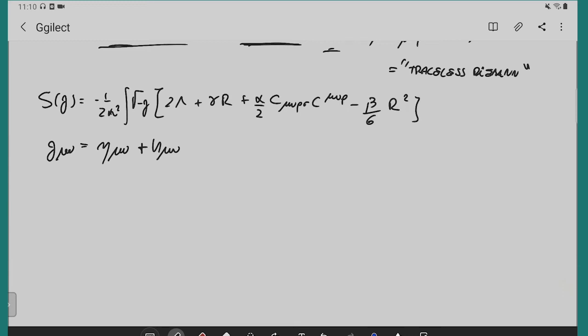The propagator for h mu nu is this, in momentum space, and using the Feynman prescription.